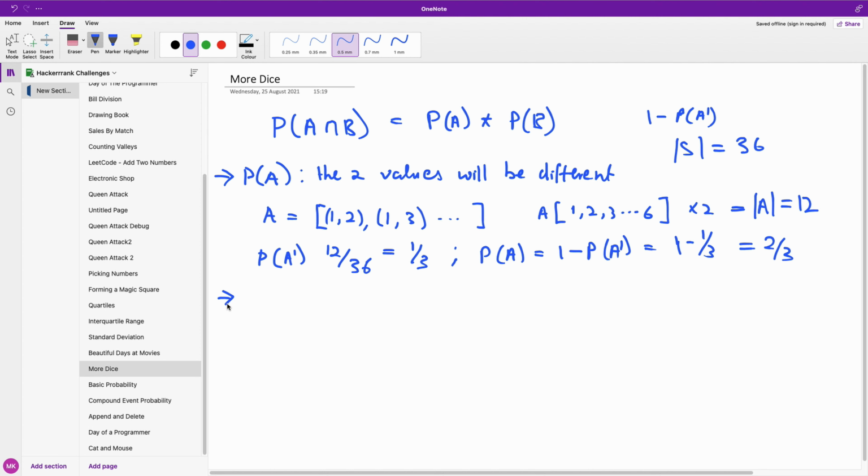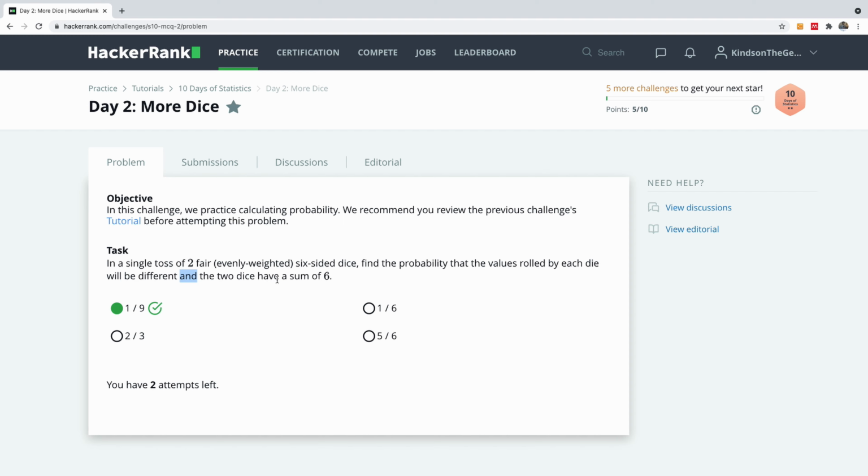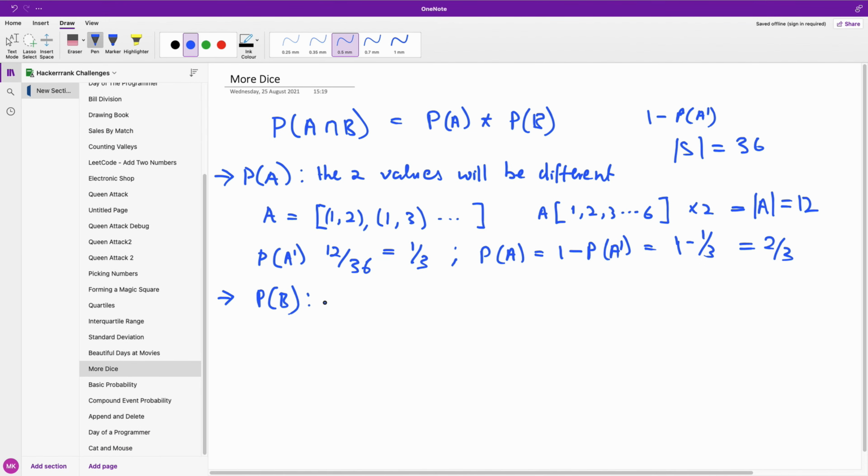And the second part of this question is the probability of B this time. Let's go back to check. The two dice will have a sum of 6. So let's calculate the probability that it will have a sum of 6.